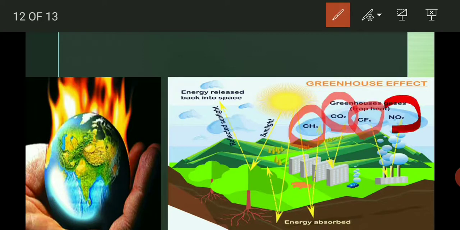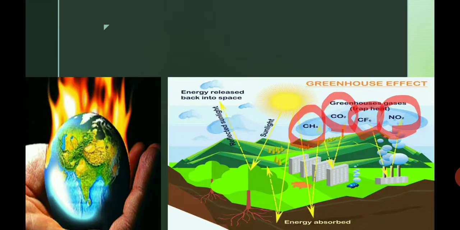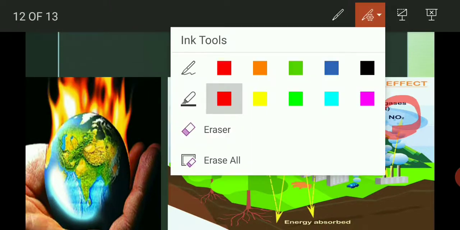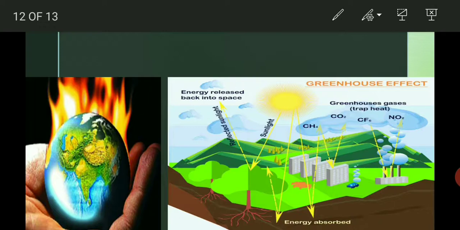These are the symbols of some gases: methane, carbon dioxide, chlorofluorocarbon, nitrogen oxide. These gases affect our earth because they trap the heat.